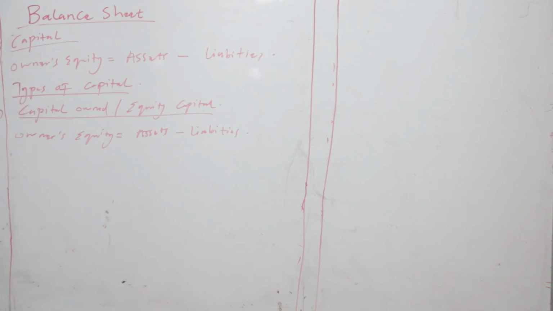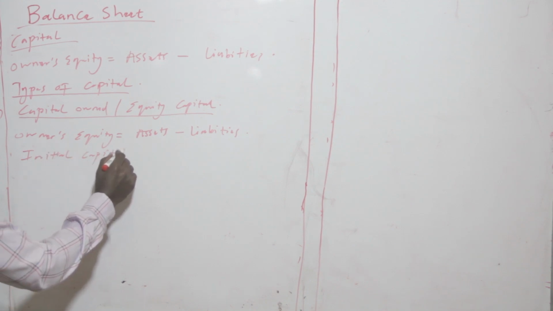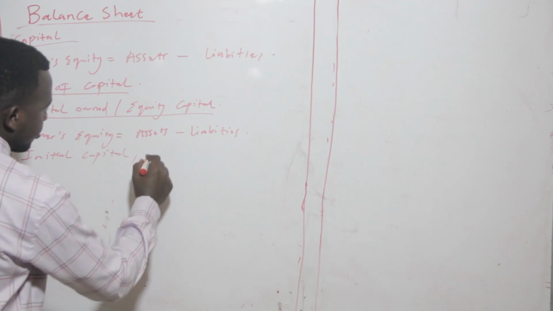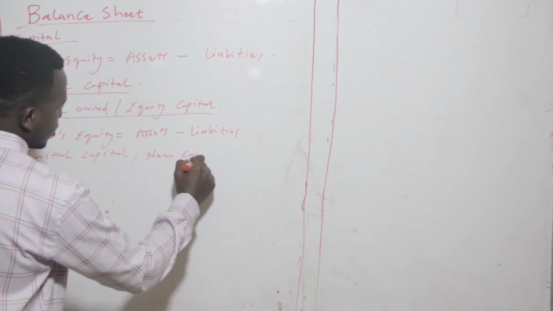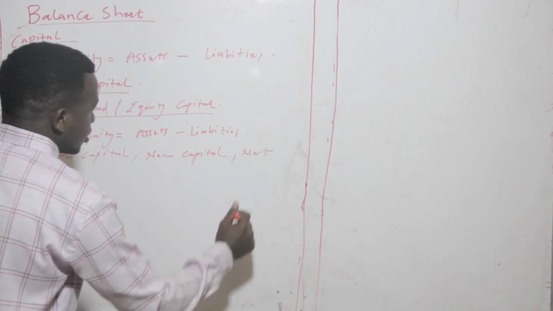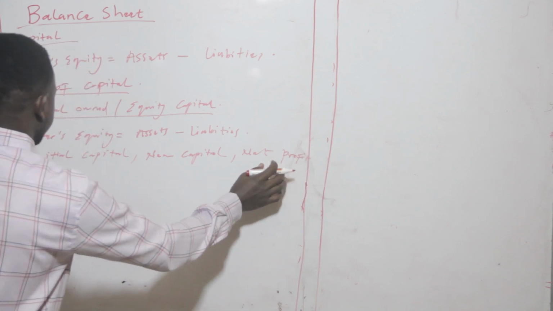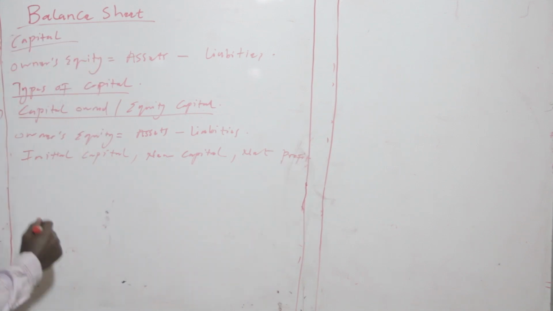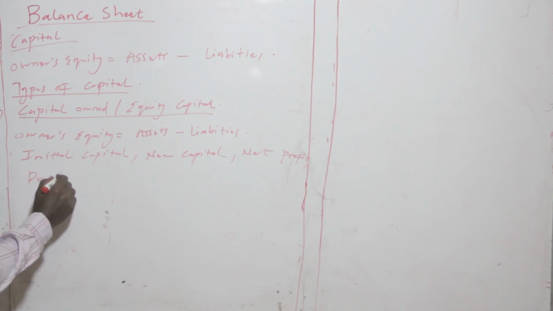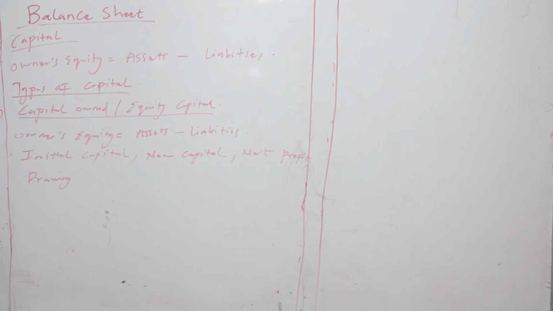But in a case where you have initial capital, then you are also having new capital, then you are also having net profit, and we know what net profit is. Then we are also having drawings. And drawings, we know that this is the amount of money that is withdrawn for personal use.